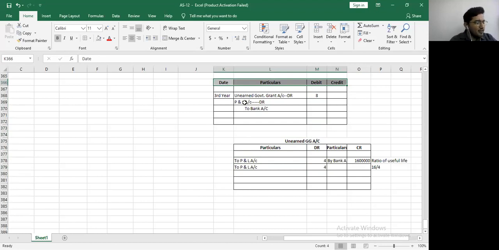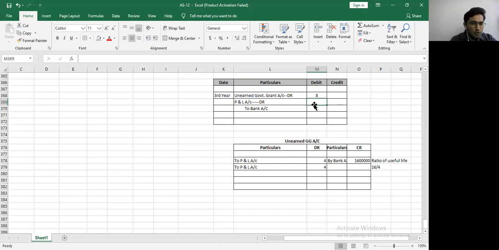How much do you have to refund in the question? Put it on your chat box. How much do you have to refund in the question? 16 lakhs. Out of 16, how much did we take from the unearned government grant account? 8 lakhs.